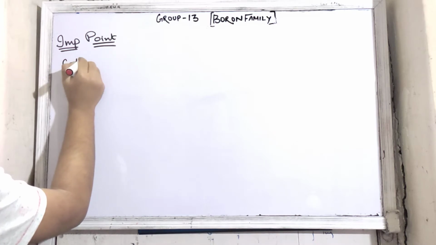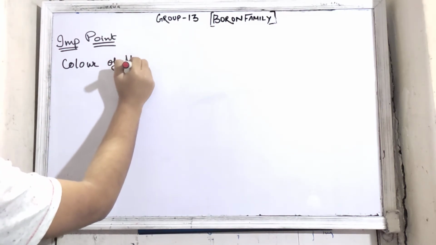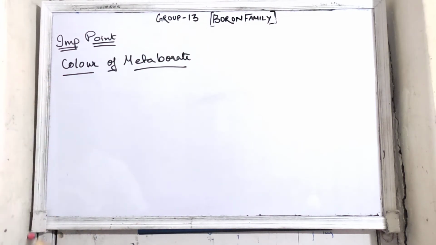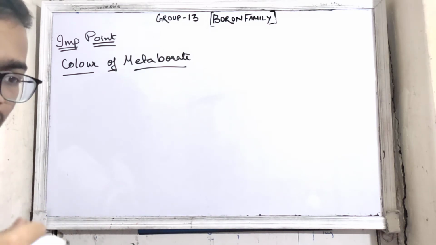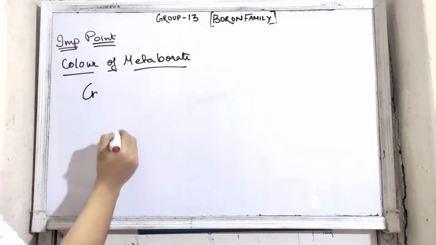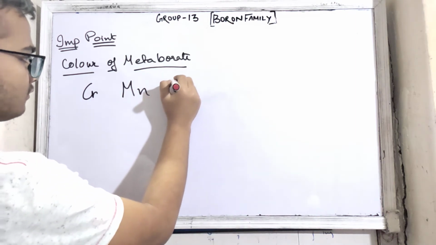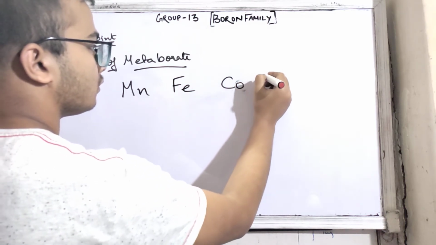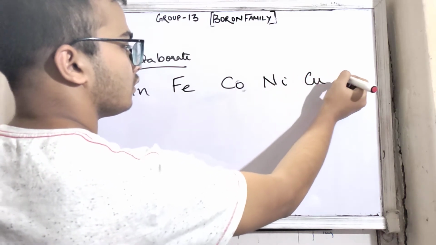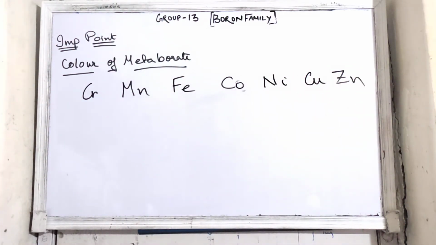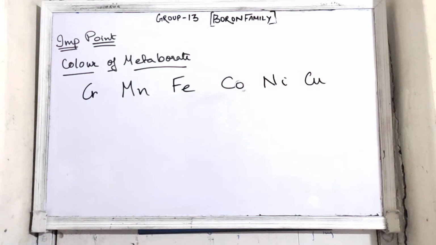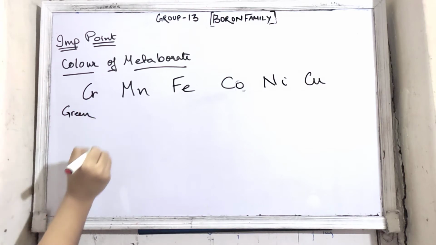Write the heading color of metaborate. Now the color of metaborate will start from chromium. If you remember the D series, chromium, ferrous, okay, so this is the D series. Zinc will not come in this category, right? So for remembering the color, this is green, right?